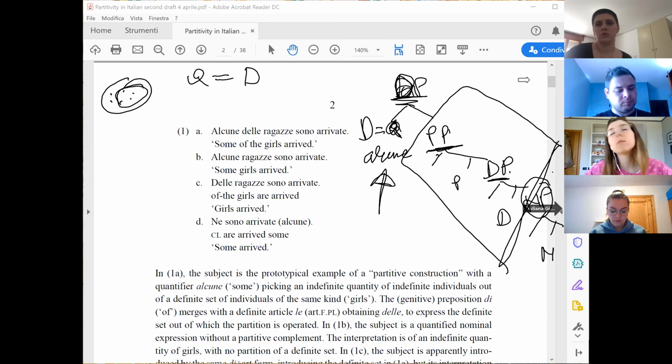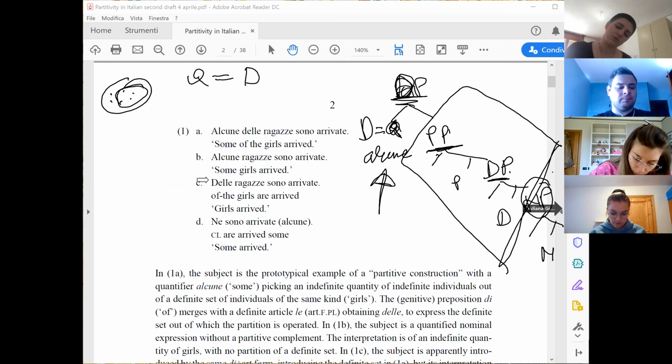The Gallo-Romance of Italian is only the Northern Italian dialects, but this Gallo-Romance feature that we find in 1C, which is called the partitive determiner, has been introduced in the standard language. So also the speakers in Southern Italy can use it when they speak Italian, okay? And we have seen that the Southern Italian dialects, and also some Central Italian dialects, don't use it at all, okay?